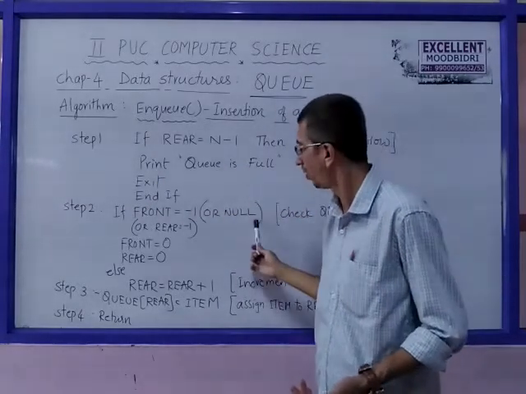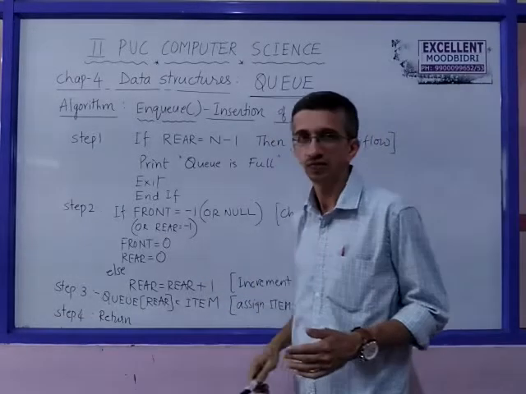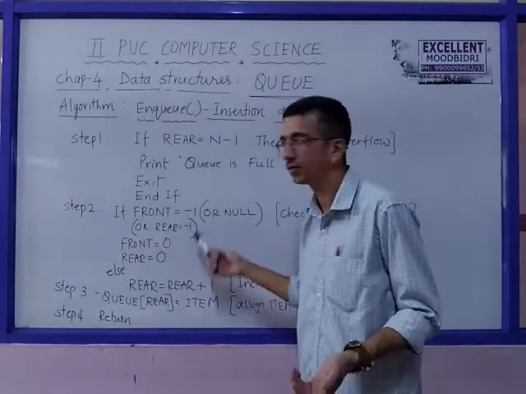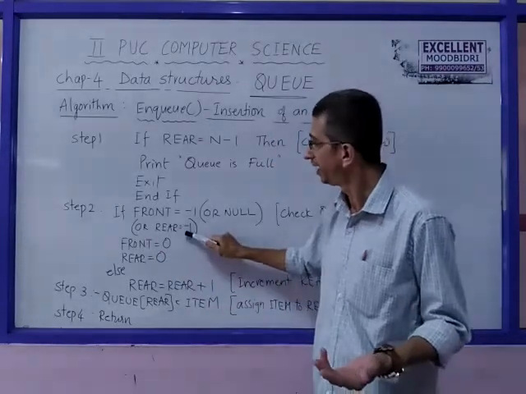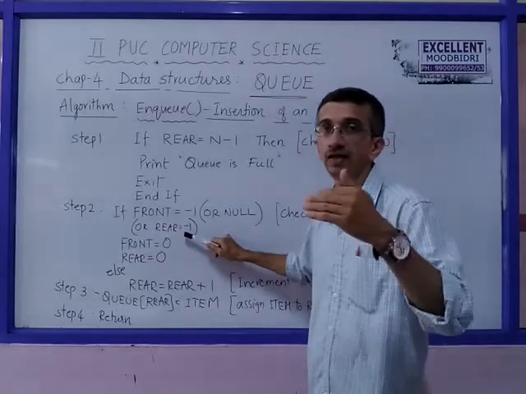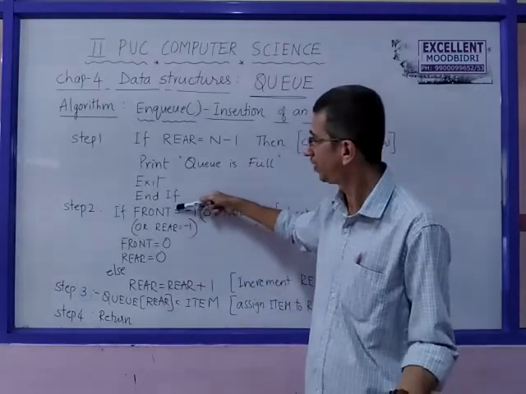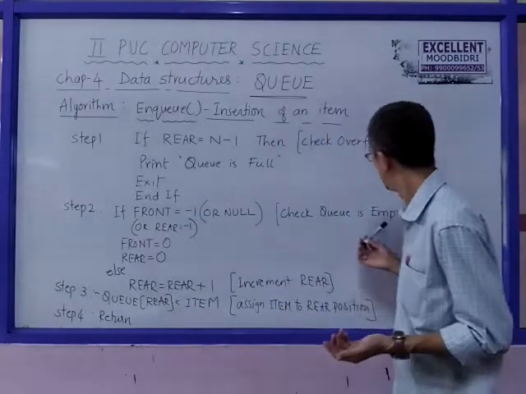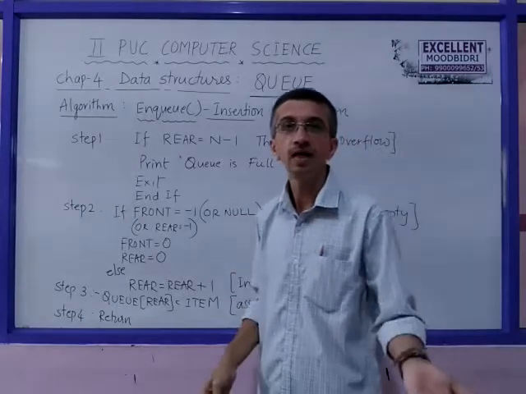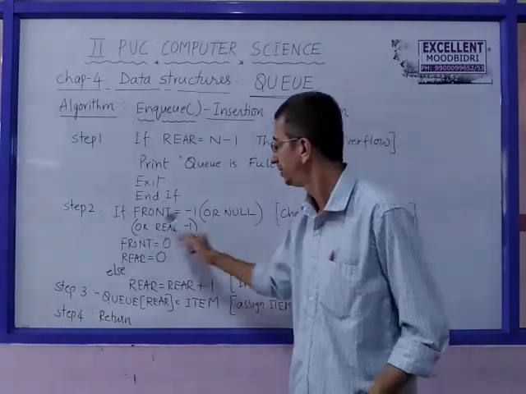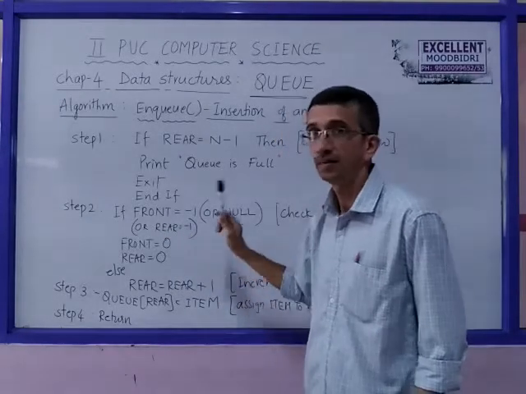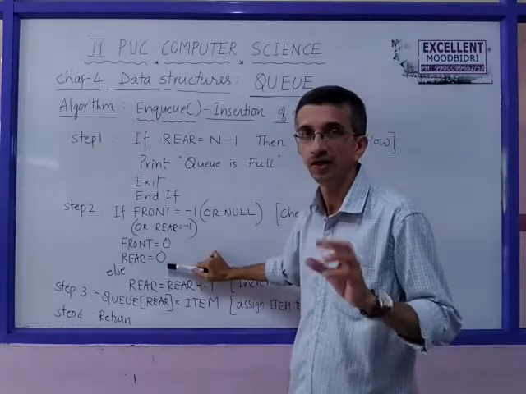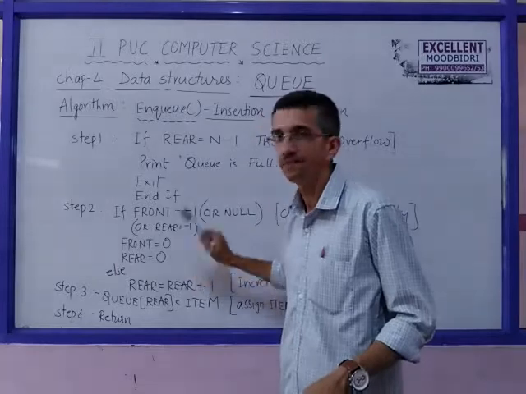See, front equal to minus 1 means there is no front item, not even a rear item. You can take rear also as minus 1, because usually we increment rear when we insert an item. So we can check either front or rear, because when there is no item and the queue is empty, both will be null or minus 1. That is why I have written it in brackets here. If front is minus 1, make front 0. Rear is also 0, because when you increment, it becomes index 0.